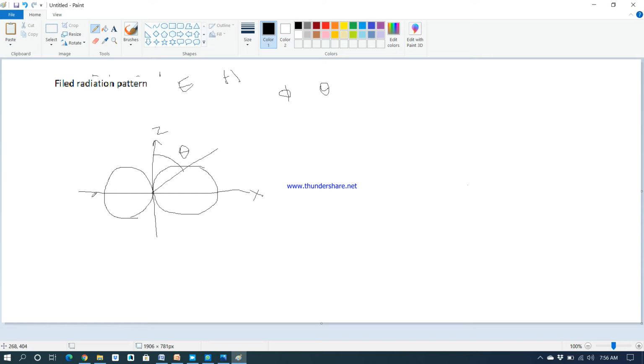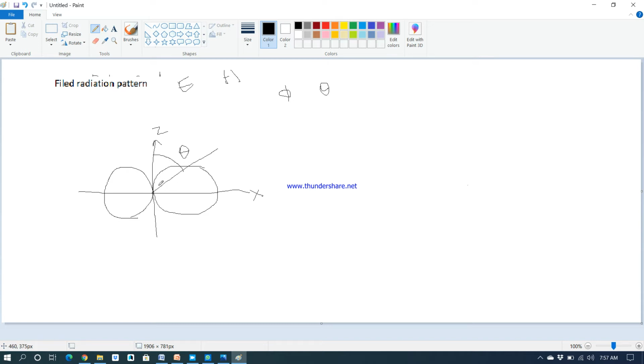Please assume it is a three-dimensional pattern, but we are representing a two-dimensional pattern with x-axis and y-axis, and the z-axis. For the E plane pattern, we plot the magnitude against theta with a constant phi.